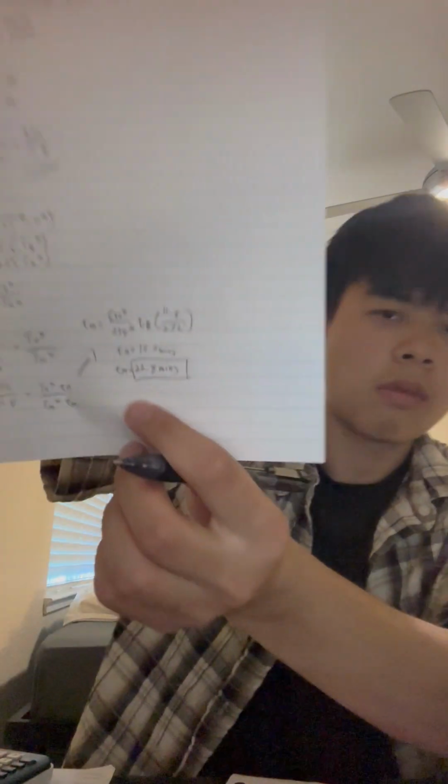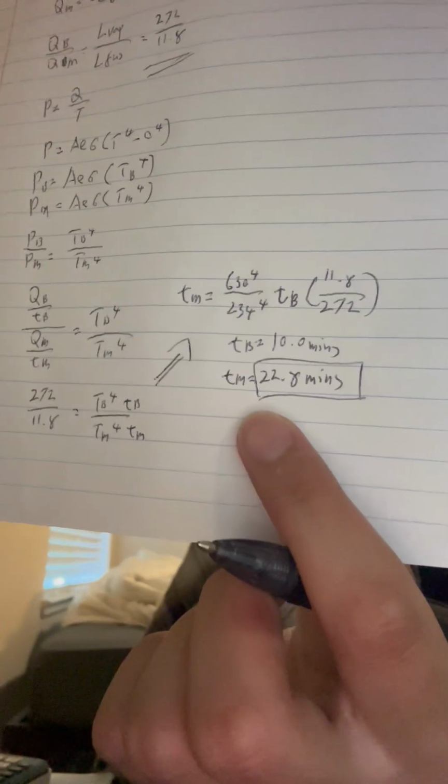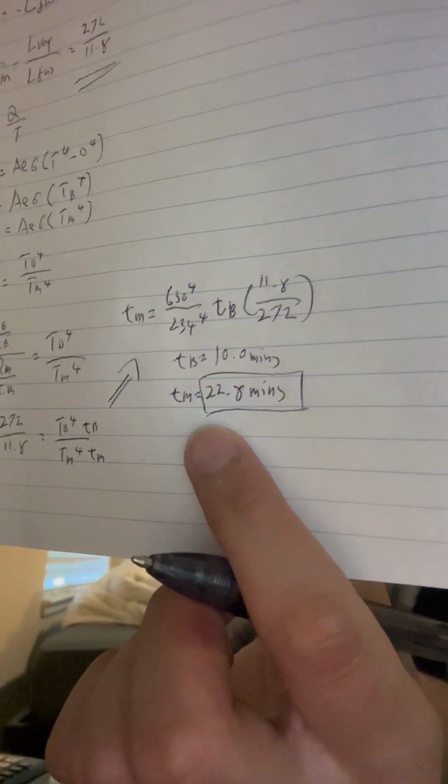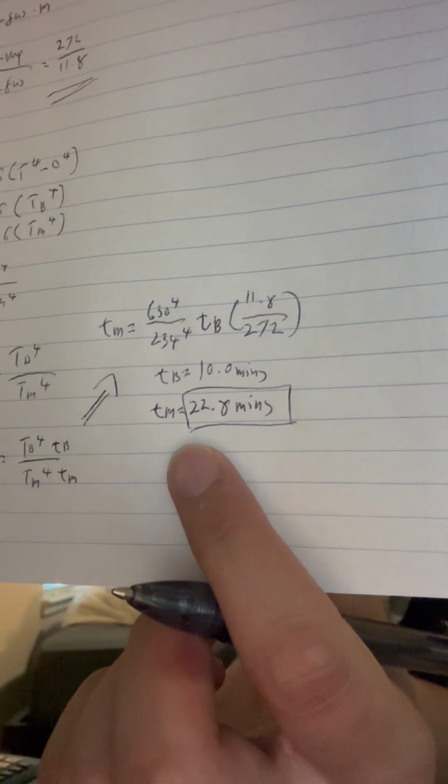Yep, TM equals 22.8 minutes. Right here. But gotta be more precise with what we show. For 22.8 minutes, the satellite will stay at a fixed distance.